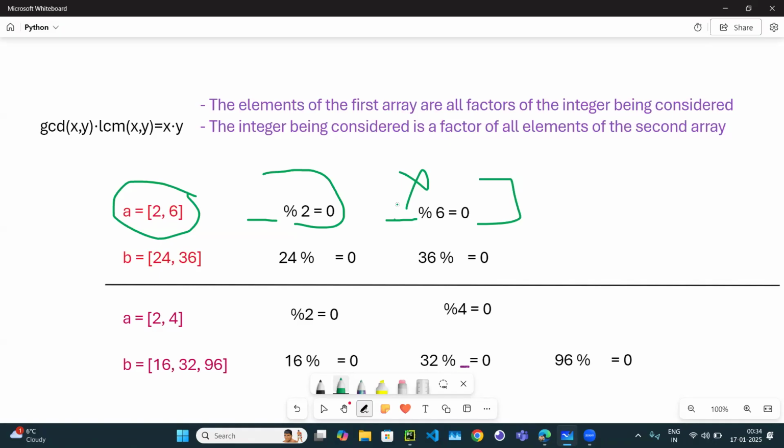If I put any number less than 6, the first may be satisfied, but the second number will not be. As an example, if I put 2, 2 divided by 2 remainder 0 is fine, but 2 divided by 6 remainder 0, no. So at least we need to put the maximum of the first array.